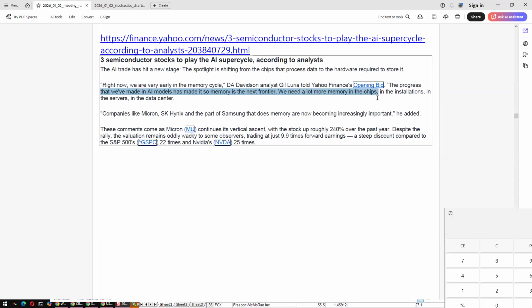We're going to need a lot more memory and installation in servers. So right now the beneficiaries are Micron, SK Hynix, and others. Micron is working with NVIDIA and building out these data centers.